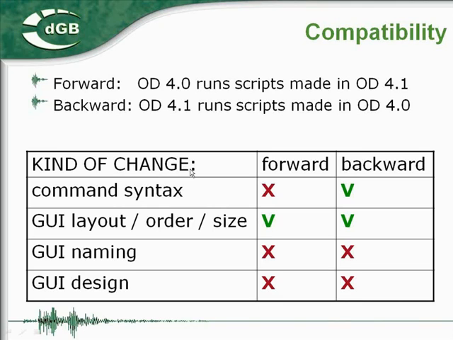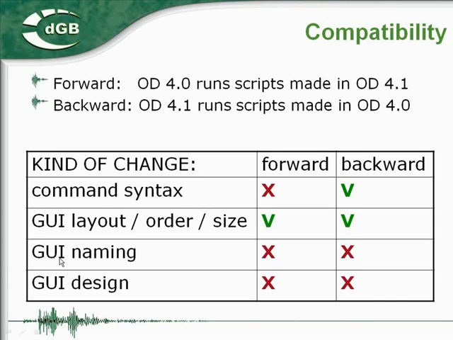All the changes are backward compatible if it is a change in the command syntax. So if we make a new version of OpenTect and of the command driver with new commands, the old commands will still be supported. What is not compatible is, for instance, the naming of graphical user interface elements.